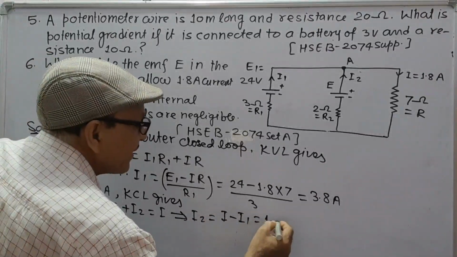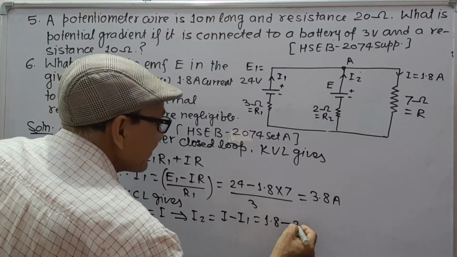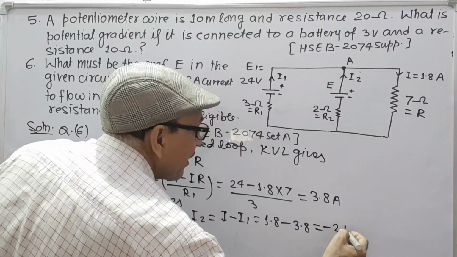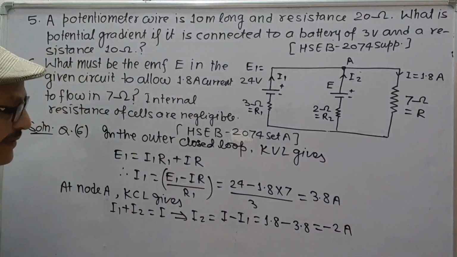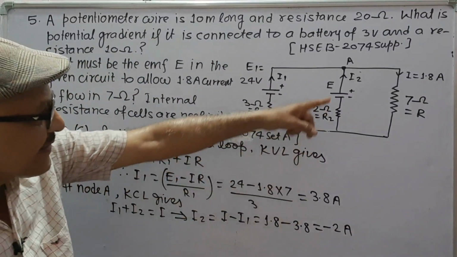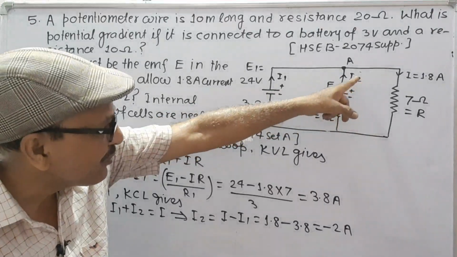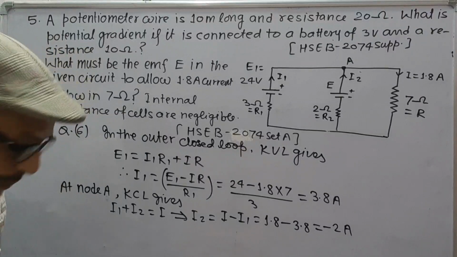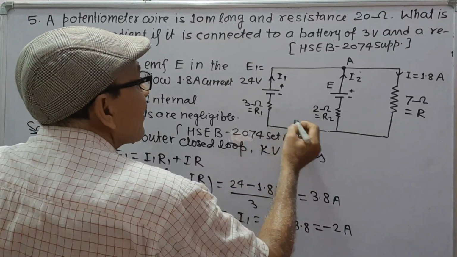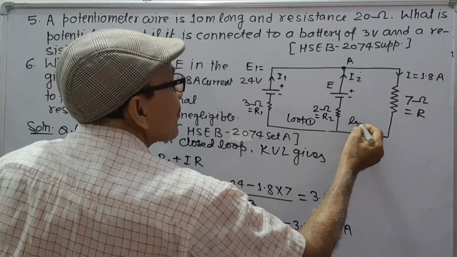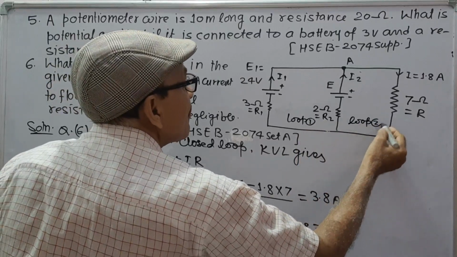I is 1.8 and I1 is 3.8, which gives minus 2 ampere. The negative sign indicates that the current I2 will be in the opposite direction. This is closed loop 1 and this is closed loop 2.